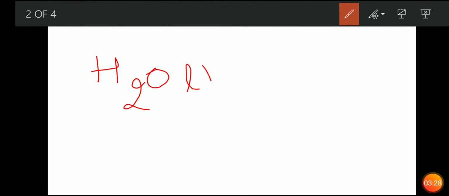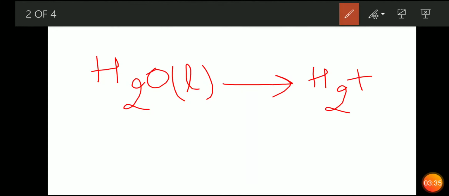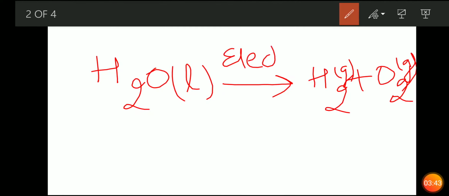Now, the common example is your H2O. When you supply electricity to this H2O, it will give you H2 plus O2 gas. Both are gas. That means we are supplying electricity to this.